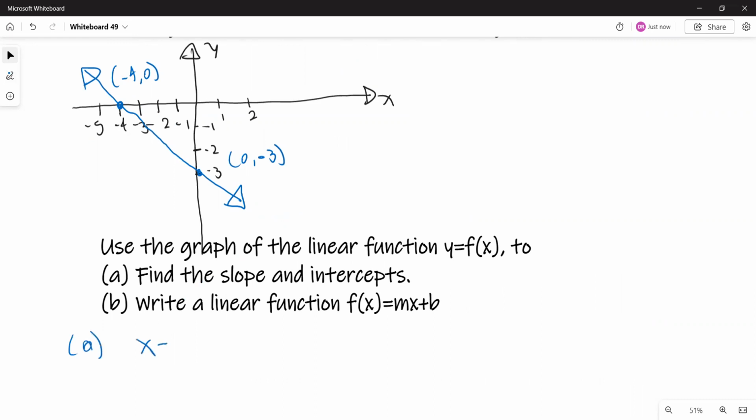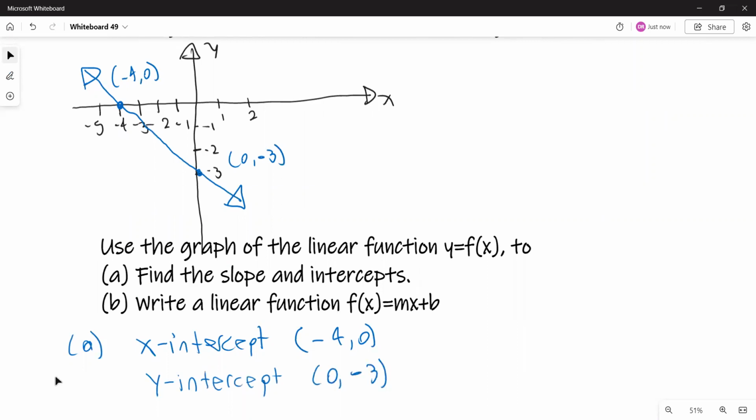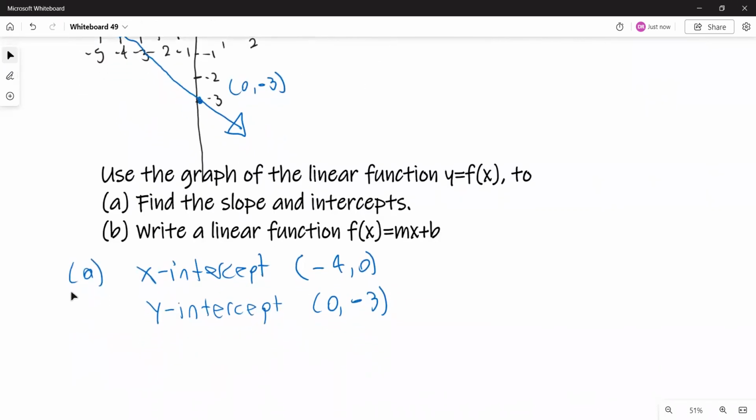The x-intercept is -4, 0, and the y-intercept is 0, -3. The slope is going to be a negative slope because the line is falling.